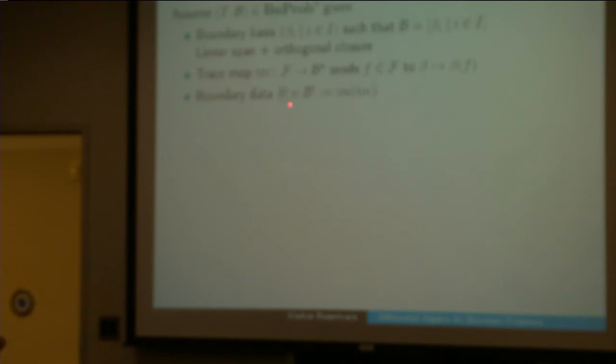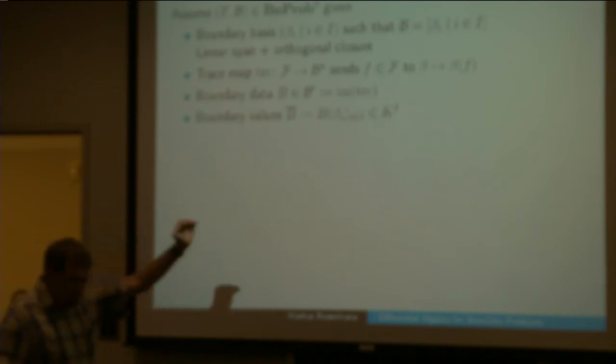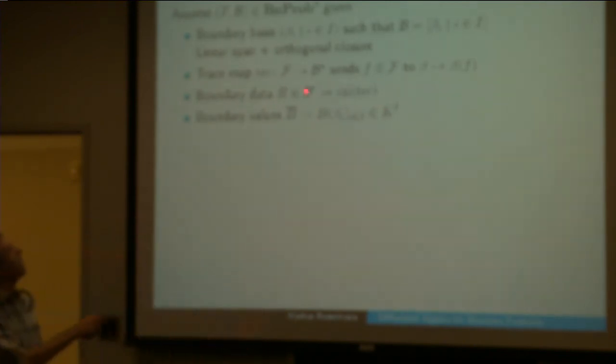These are the boundary data that are actually accessible in your model in some sense. Okay, that's the image of the trace, and any element here is a legitimate collection of boundary data in an abstract way. And I distinguish between boundary data and boundary values. Boundary data are an abstract description of the boundary values.